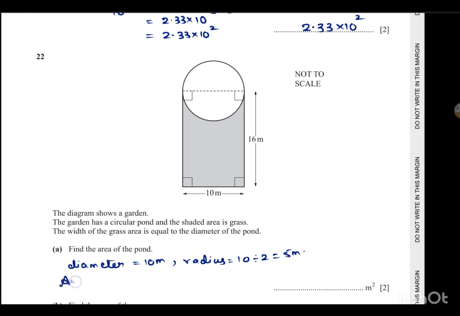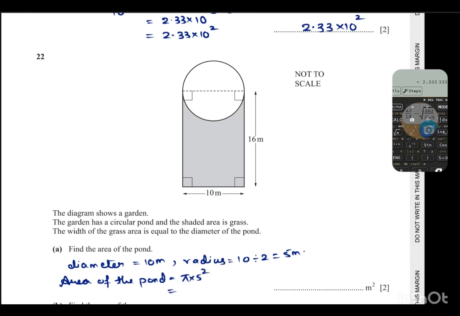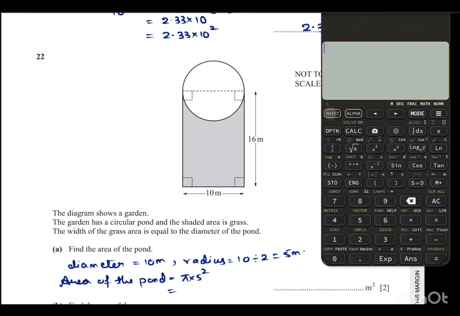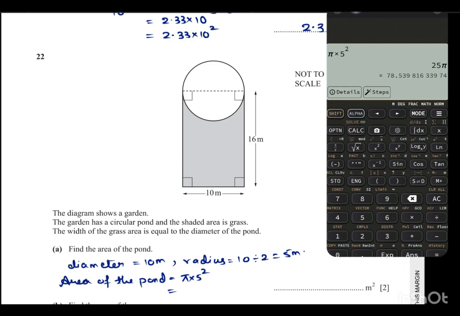So now the area of the pond will be pi r squared, pi into 5 squared. Find out pi into 5 squared. 78.539.